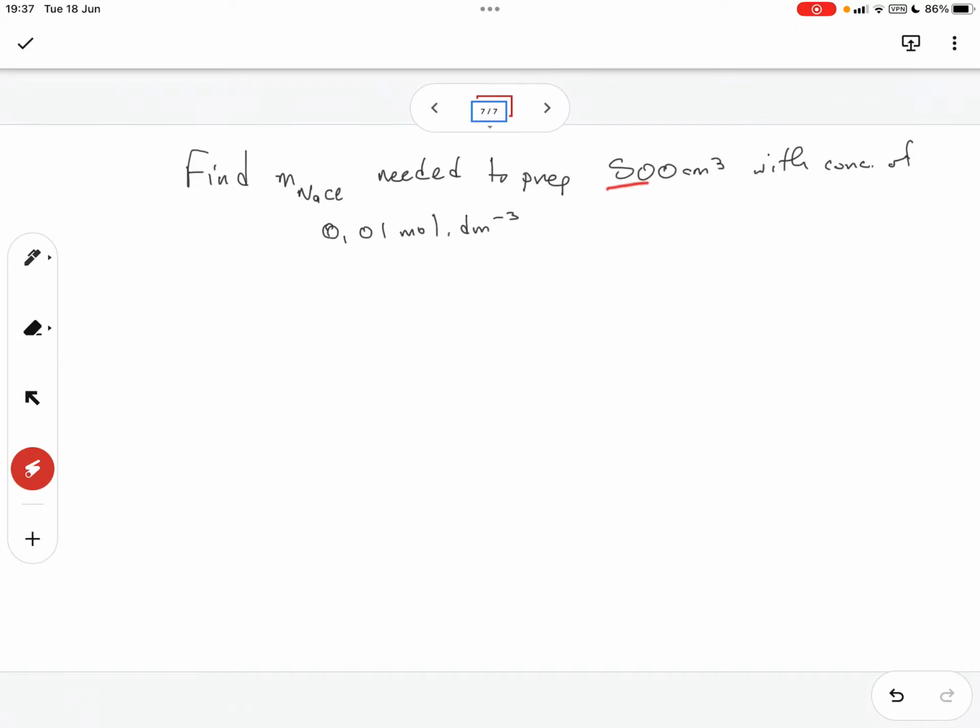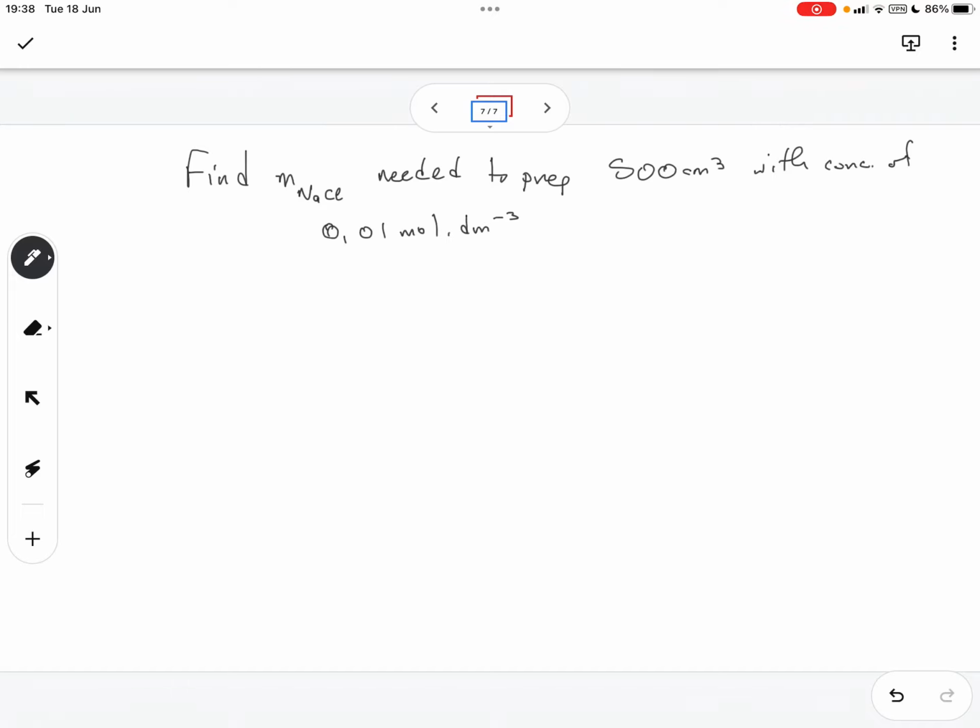Okay, so first things first, unit conversions. Do any one of you ladies want to take a guess how we're going to convert from cubic centimeters to cubic decimeters? Who wants to guess? Any takers? None.